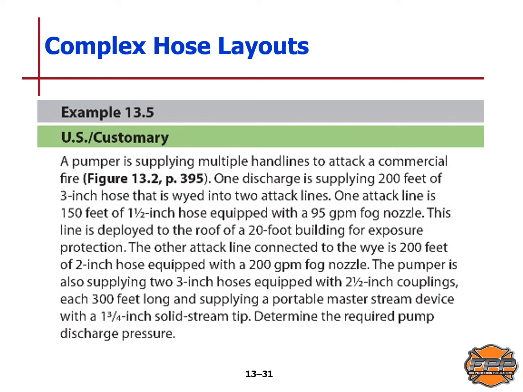The pumper is also supplying two 3-inch hoses equipped with 2.5-inch couplings, each 300 feet long, and supplying a portable master stream device with a 1 3/4-inch solid stream tip. Determine the required pump discharge pressure.